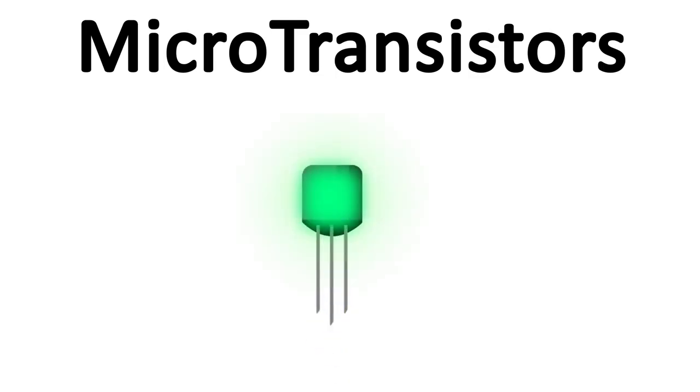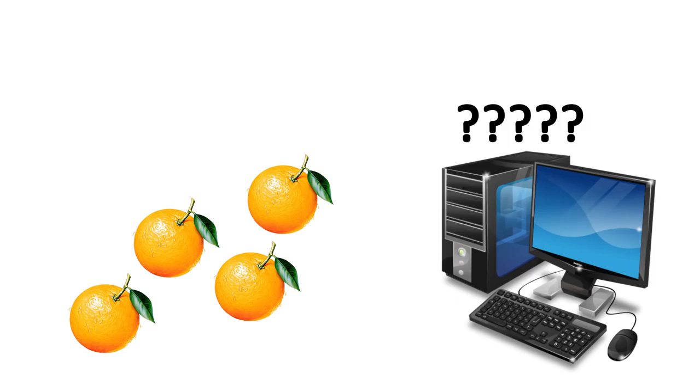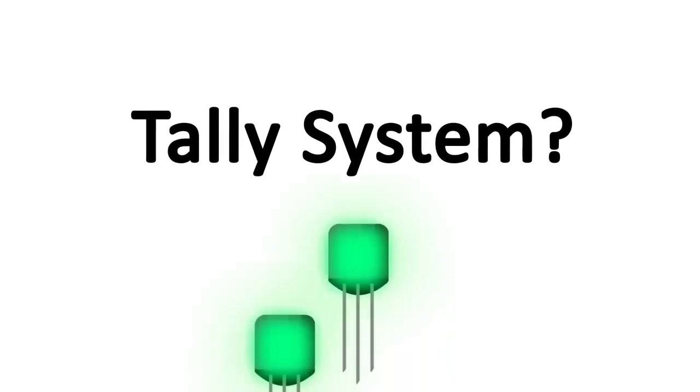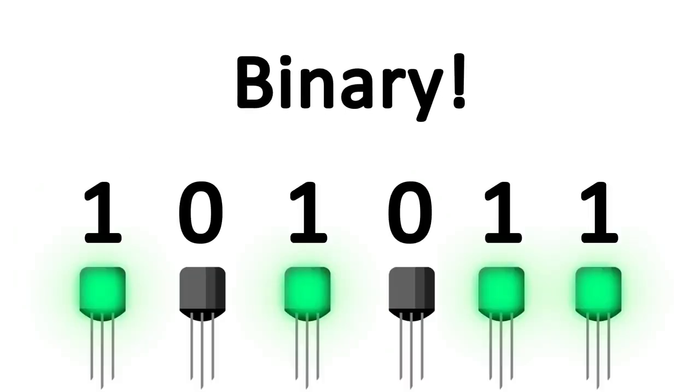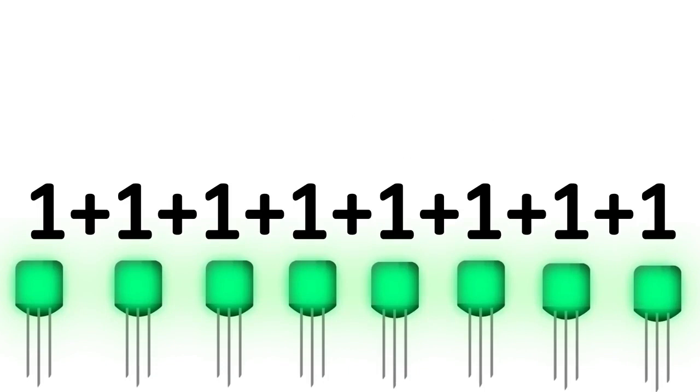The first goal was to get computers to count, and to get them to count by using these switches, we could use the tally system, meaning the number of on switches equals the number of things we have, or we could use the much more efficient system of binary, where each switch represents a digit of binary. 8 transistors using the tally system could represent a number as large as 8 by turning all of them on.